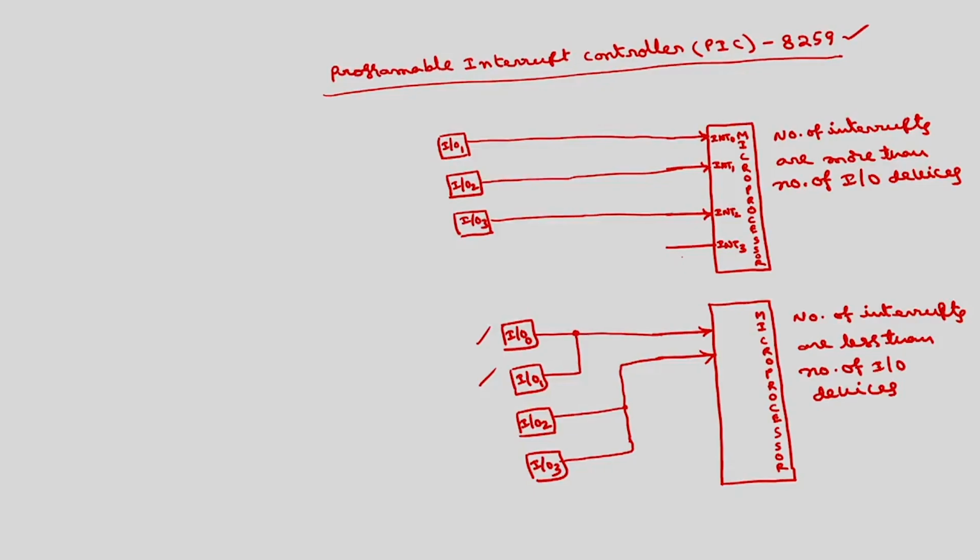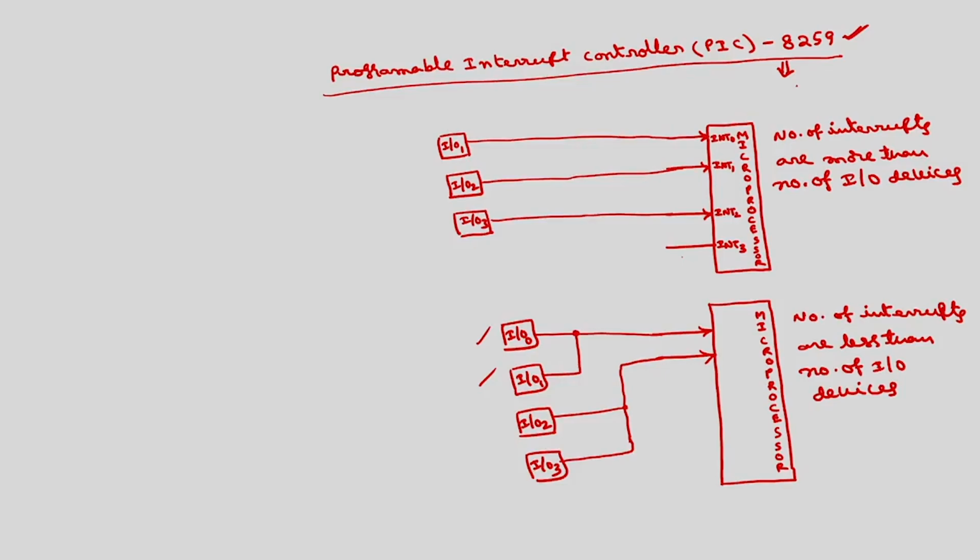That manager is this 8259. 8259 will act as the overall manager between the IOs and the microprocessor. It performs various tasks like assigning priority to the IO devices. The one with the highest priority will be served first, and the remaining will be kept pending. All these operations will be performed by this 8259, which acts as the overall manager between the microprocessor and IO devices.